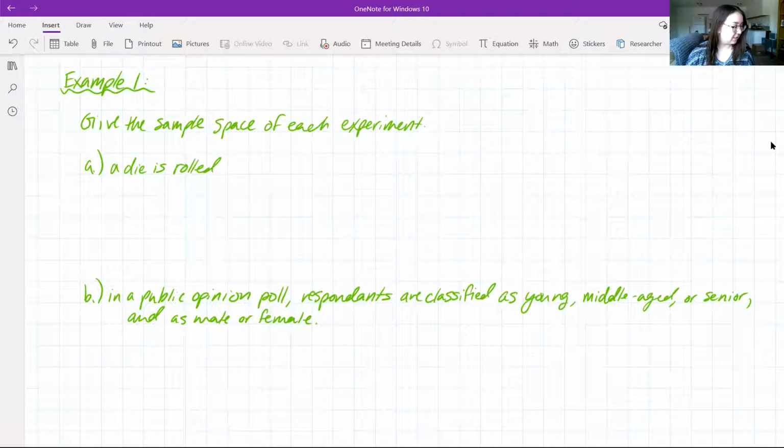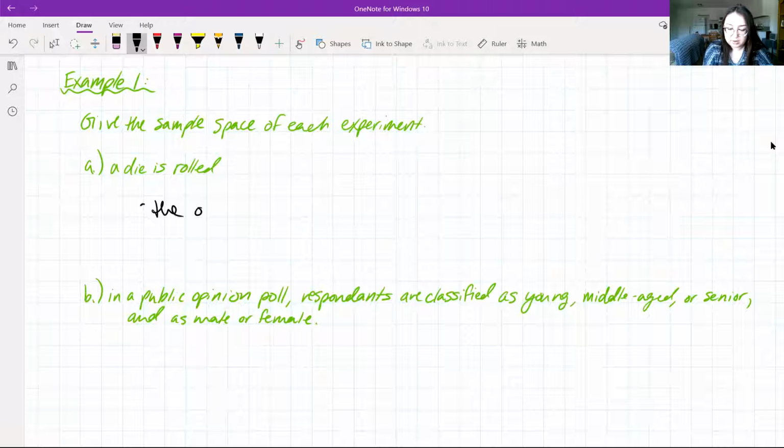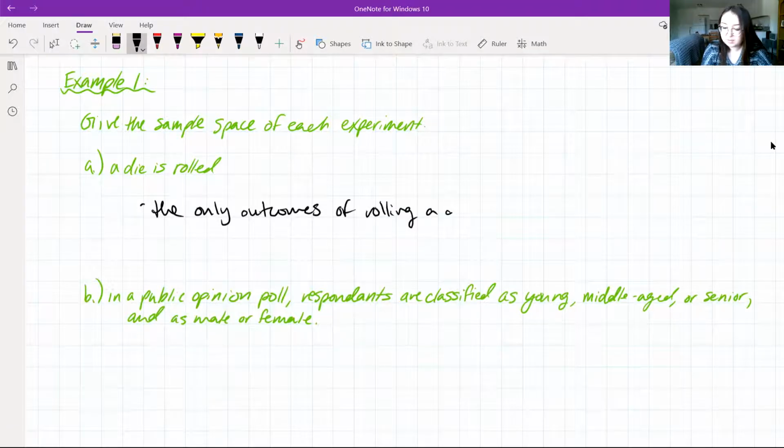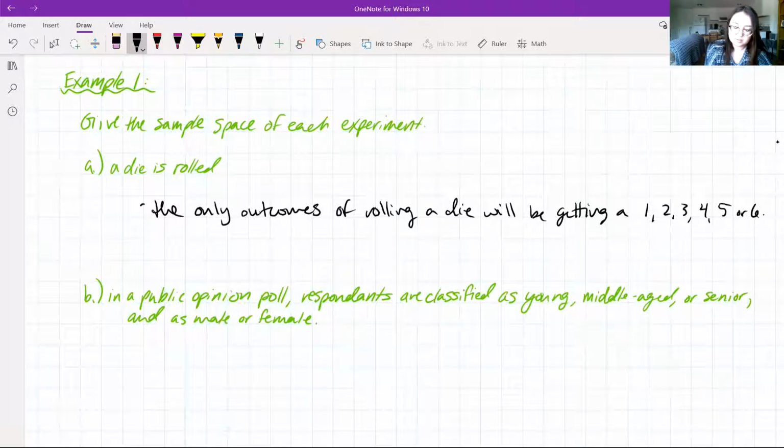Since we know this, the only outcomes of rolling a die are getting a 1, 2, 3, 4, 5, or 6.